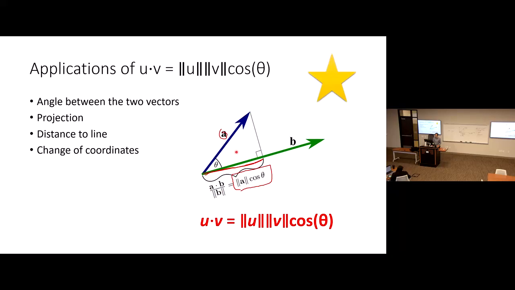Okay, if you have this bar here, if you have the projection, and also you have the magnitude of A, it's very easy to compute both of them. And from this vector A, this point, you can compute the distance to this straight line defined by B. So you can compute this part as a distance to a line.